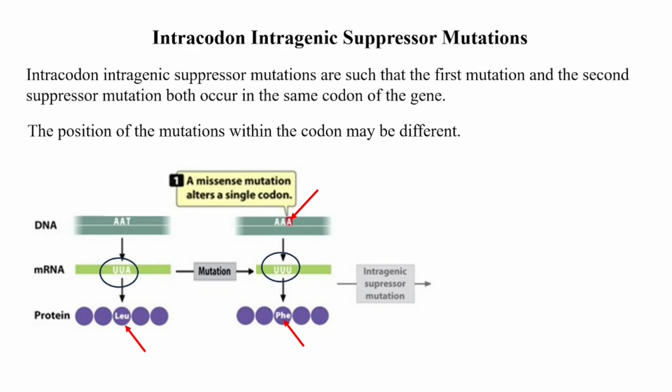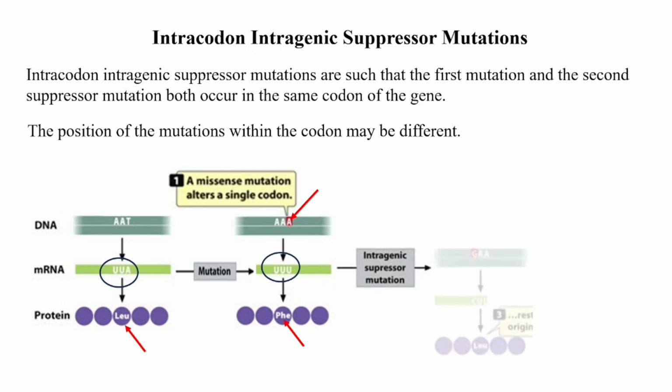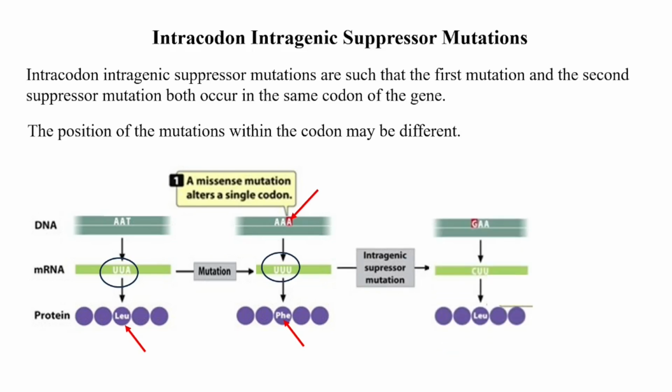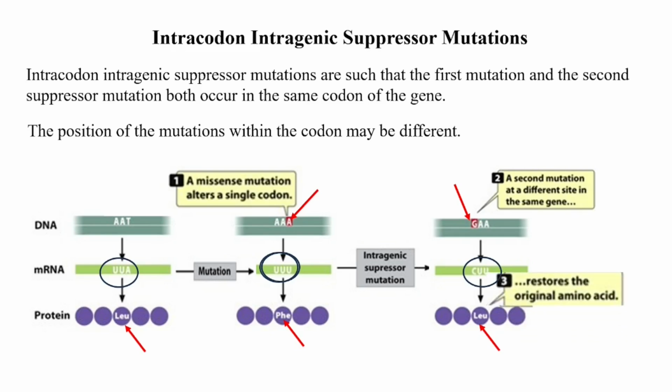If a second mutation occurs in the same gene but at a different position, here first position, then triple U changes to CUU, which codes for leucine. Thus, the original amino acid is restored in the protein and thus the original phenotype is restored.